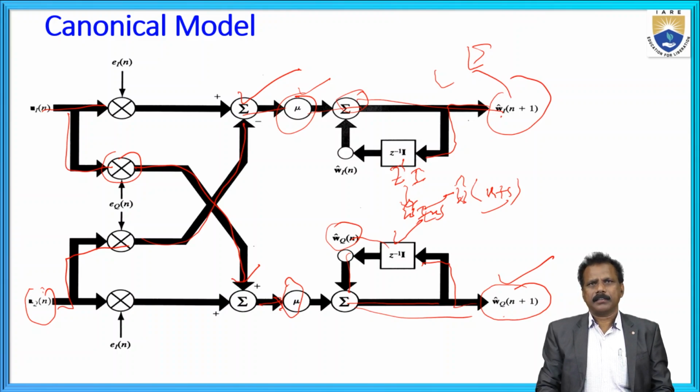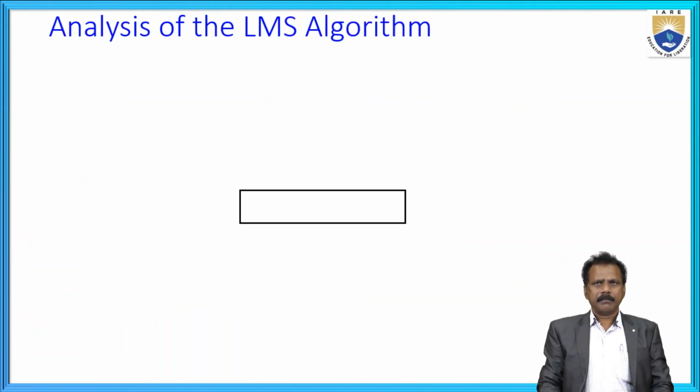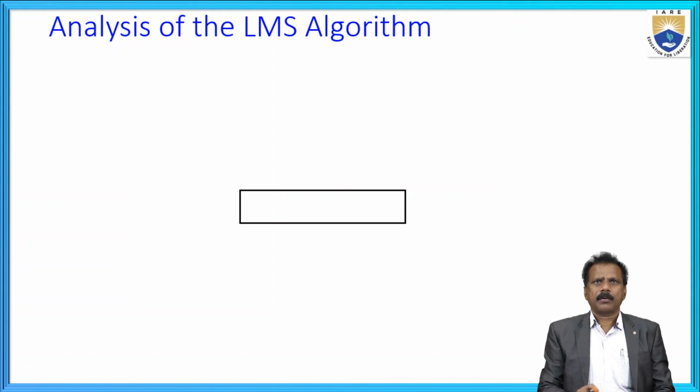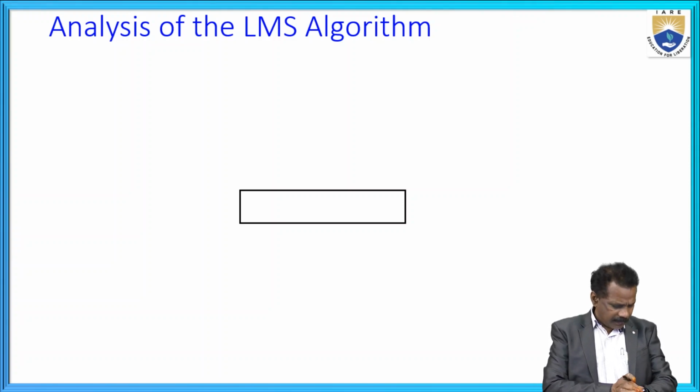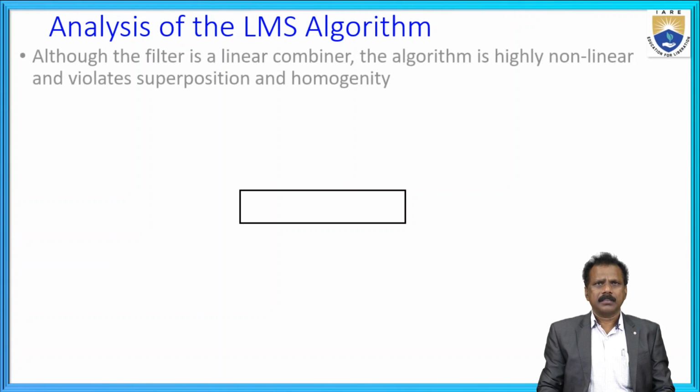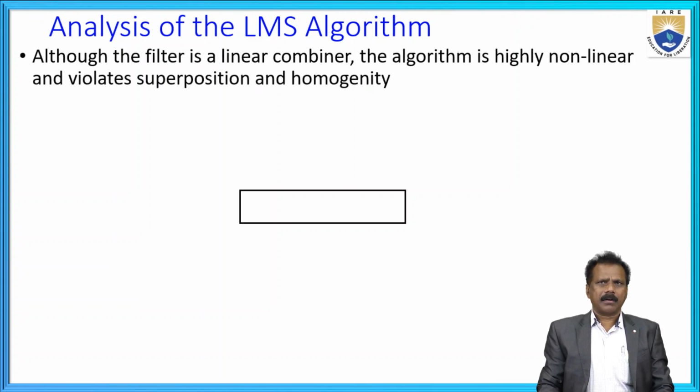If you are having all this, based on I of n, u I of n, the analysis of the LMS algorithm uses all these block diagrams and mathematical notation. Analysis of the LMS: although the filter is the linear combiner, the algorithm is highly non-linear and violates superposition and homogeneity.